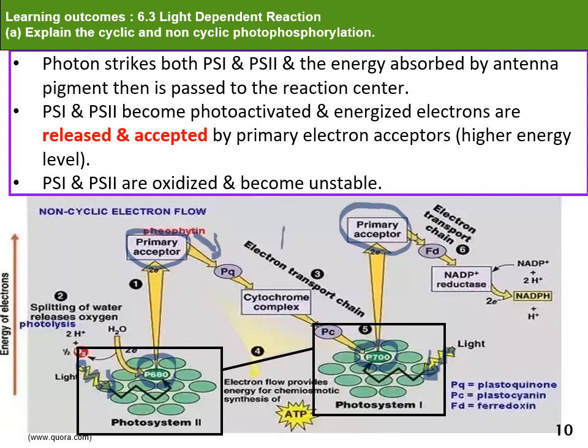Okay, so ini adalah ETC. Okay, pada photosystem 2, dia akan releasekan primary electron acceptor, dia akan oxidize dan releasekan electron to the electron transport chain. Okay, begitu juga berlaku pada the primary electron acceptor pada photosystem 1. Okay, so dia akan releasekan dia punya elektron and pass to the electron transport chain.